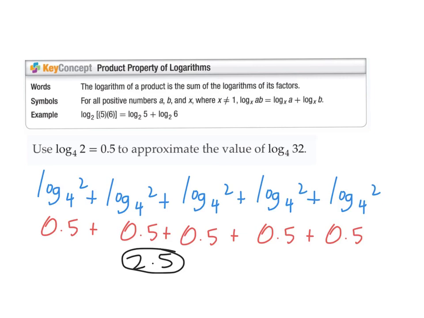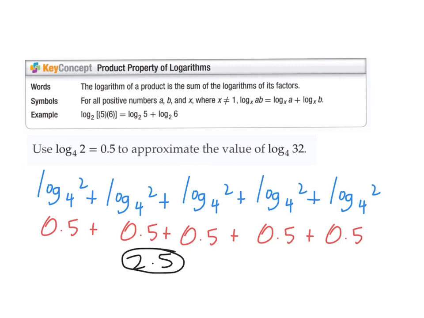Now, most of the time they're going to give you 2 different logs. So they might give you log base 4 of 2 and log base 4 of 3. So your problem might be log base 4 of 6, so you want to separate them 2 times 3. And in your homework, you're going to have to problem solve those and figure out, all right, here's the information I'm given.